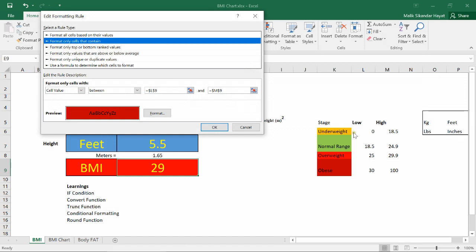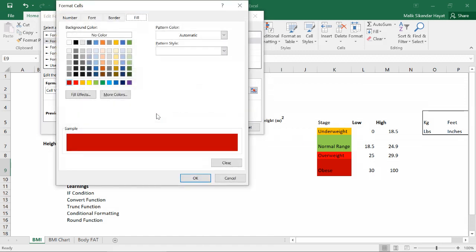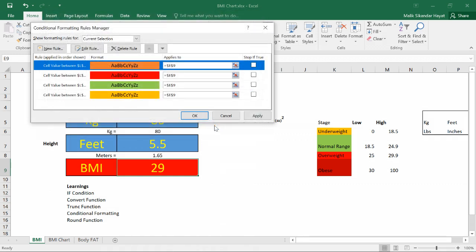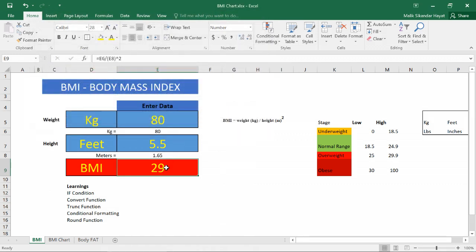It is cell referencing to this range. It is up to you if you want to change the color, no one will stop you. If that range comes, the color will change accordingly.